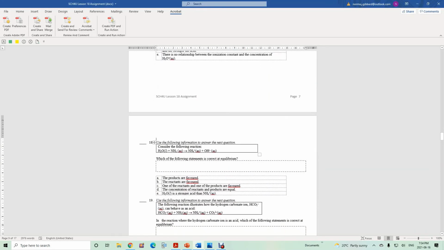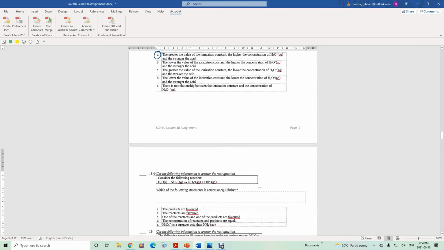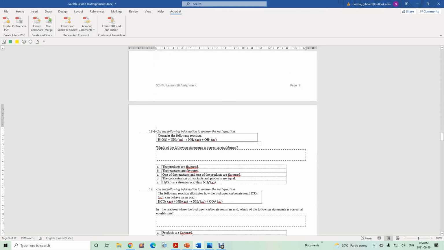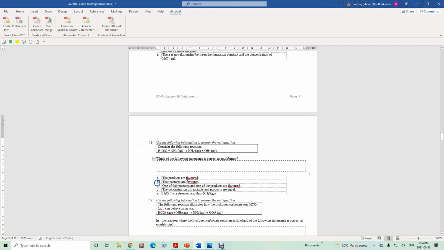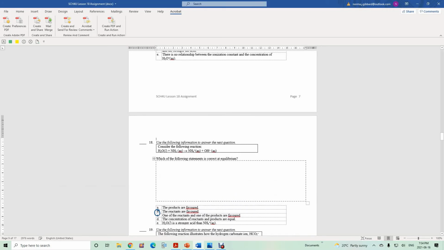Okay, moving on to 18. The answer here is the reactants are favored. And we know here that we have a weak acid.